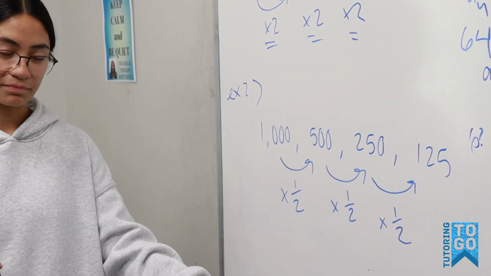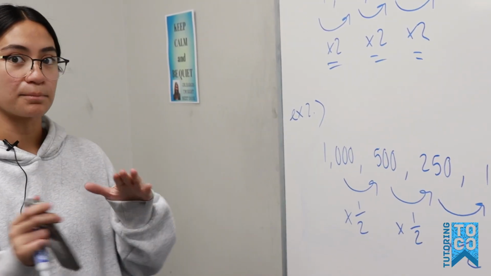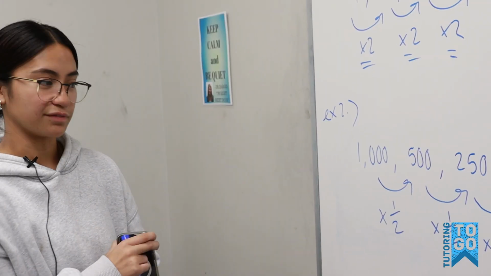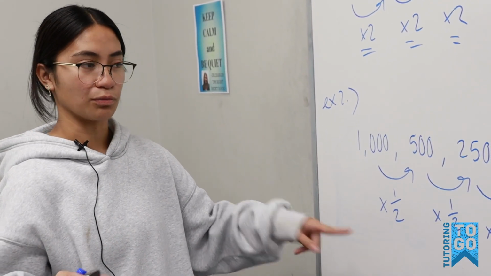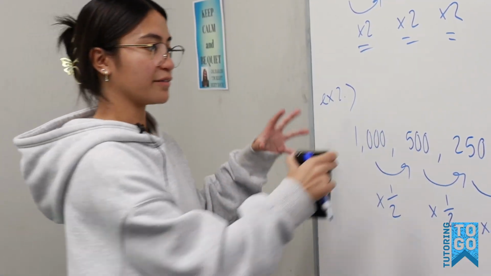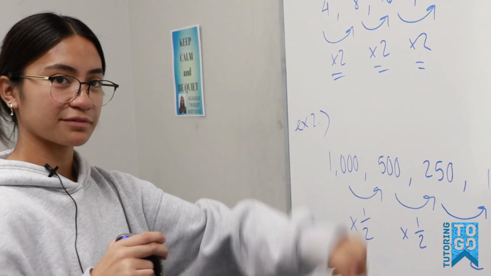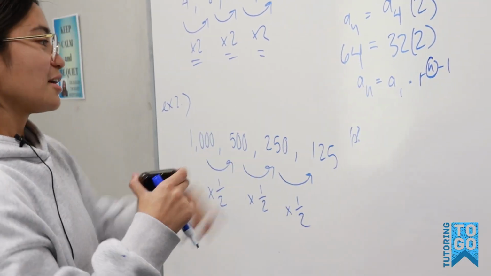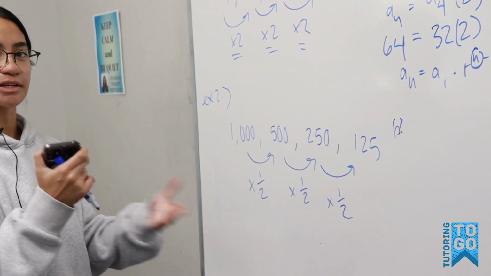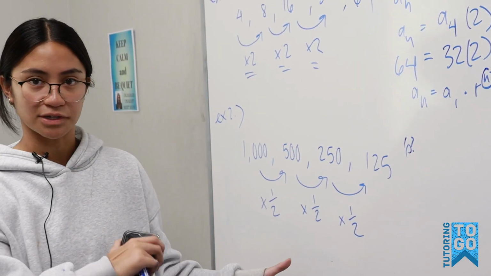times 1/2 each time. It's crucial in geometric sequences to only use multiplication and not division, but you can utilize fractions to represent your division or whenever your numbers are decreasing. So to apply this information to our explicit equation, remember, explicit is whenever we want to find a term, but we don't know the previous one.